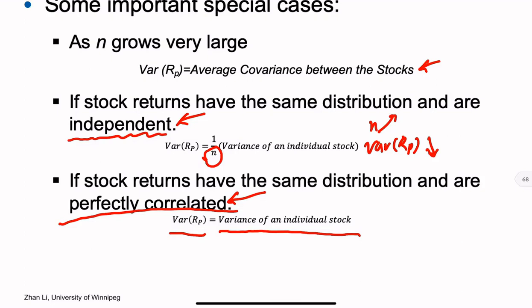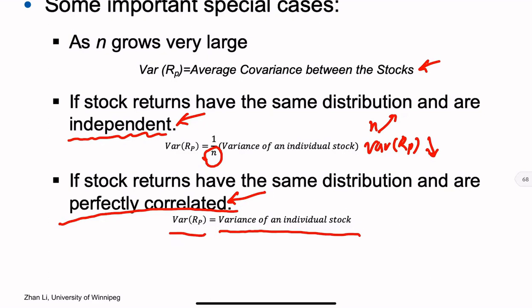And one thing you can see is that the second case and the third case represent extreme cases. Generally, you can imagine that stocks are not perfectly correlated. However, they're not independent either.